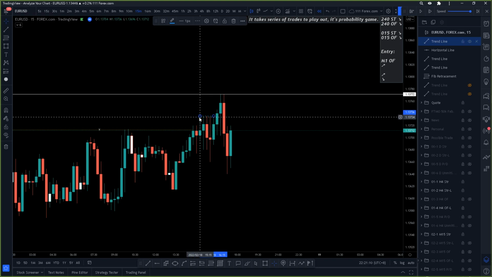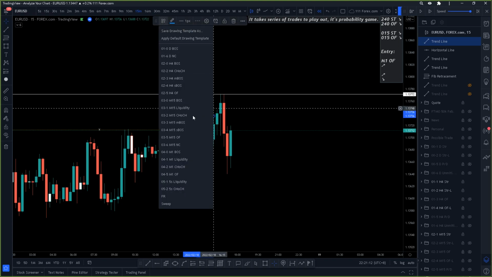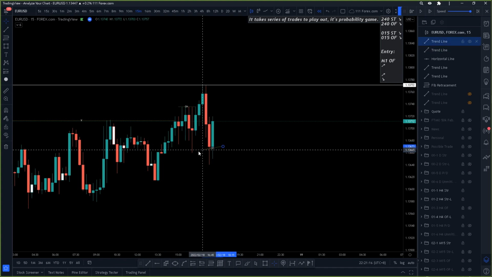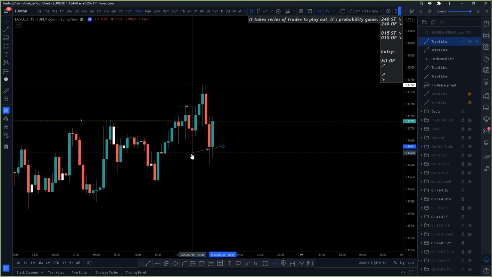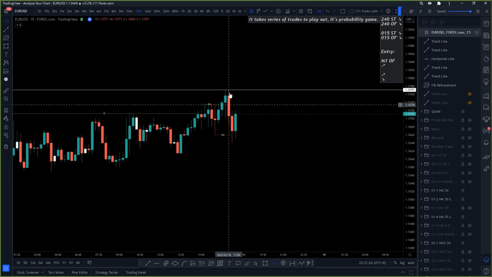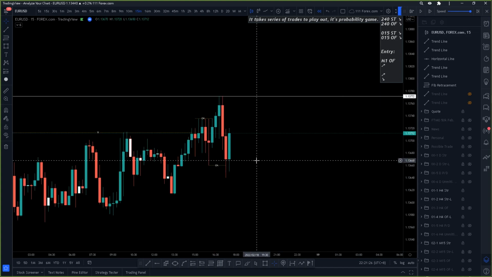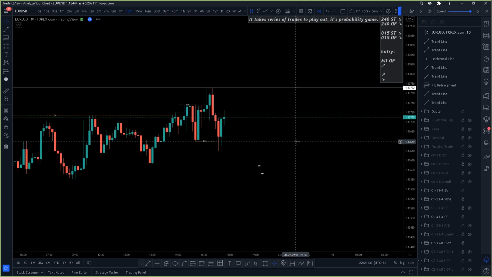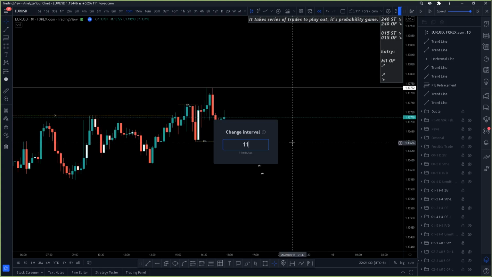Let's see if, from inside play, will I get my better entry or not. Buy to sell.